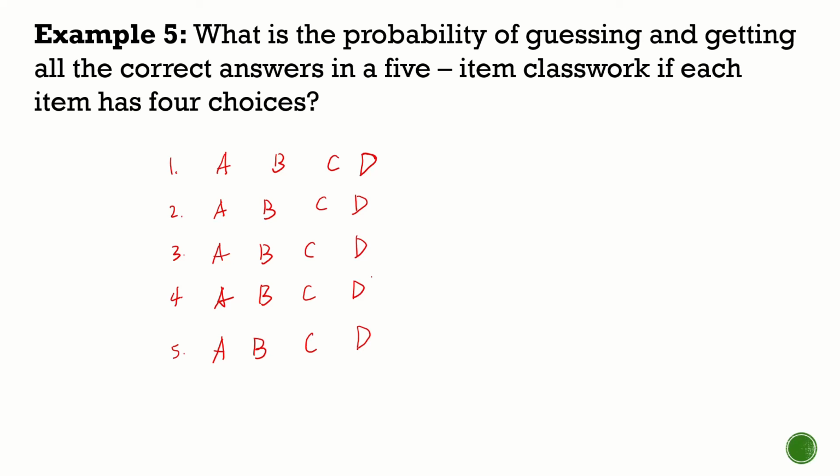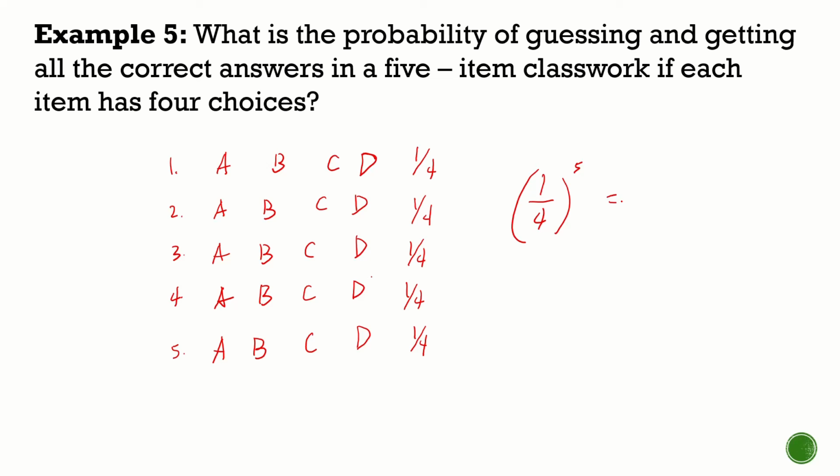All right. So let's say you're just going to guess. What's the probability of getting a correct answer for number 1? It's 1/4. For number 2 is 1/4. For number 3 is 1/4. For number 4 is 1/4. For number 5 is 1/4. So that's 1/4 times 1/4 times 1/4 times 1/4 times 1/4. Or we can actually write that as 1/4 raised to 5, because we will multiply 1/4 by itself 5 times.